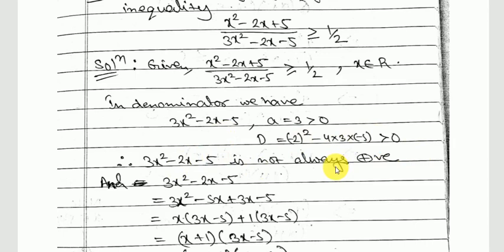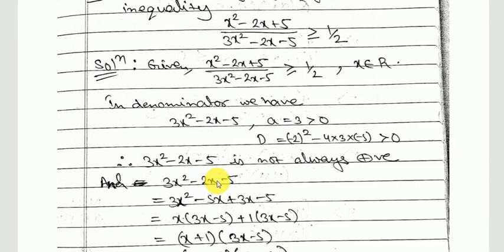For some part it was positive, and for some part it was negative, depending on the sign of a, okay. So here a is positive, that means this expression will be positive for all the real values except for those real values lying between the roots, okay.